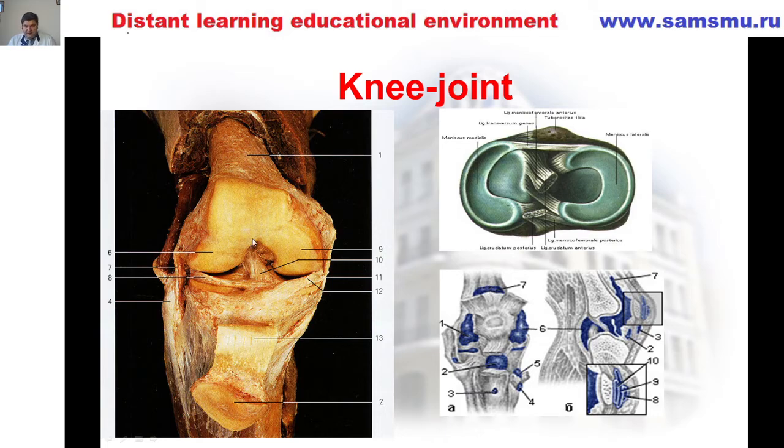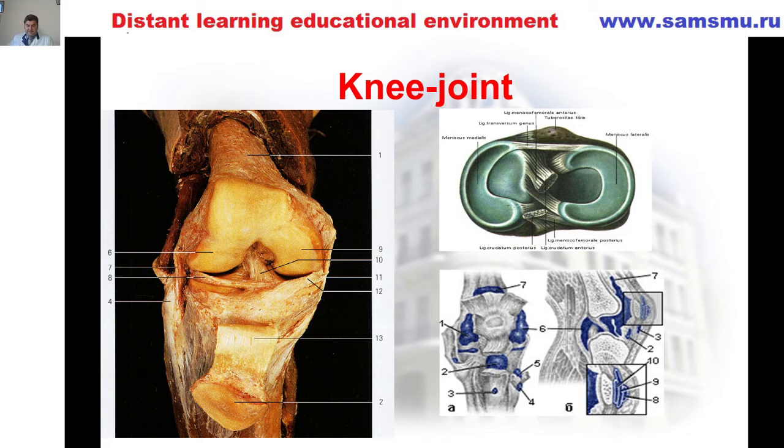On this picture you may see femur, ligamentum transversum genus, kneecap, ligamentum patellae. So, bursa suprapatellaris, extending rather high between the femur and the quadriceps muscle of the thigh.